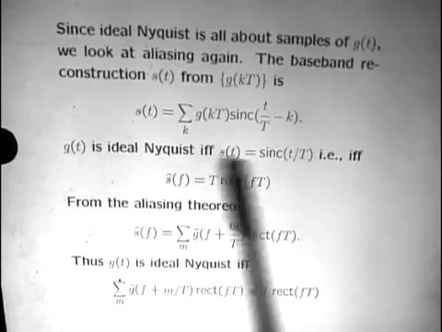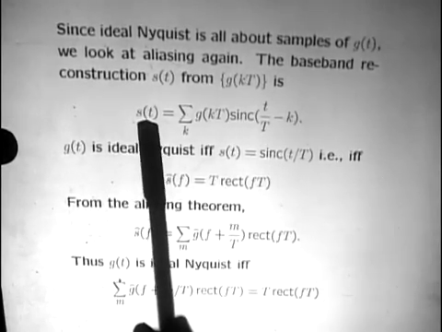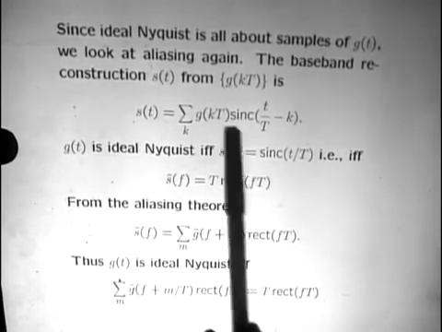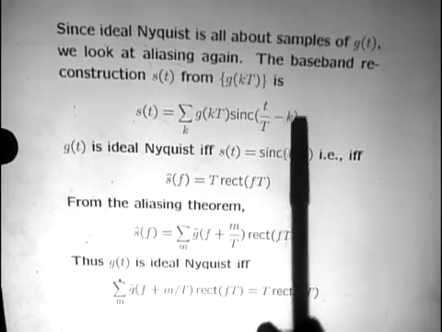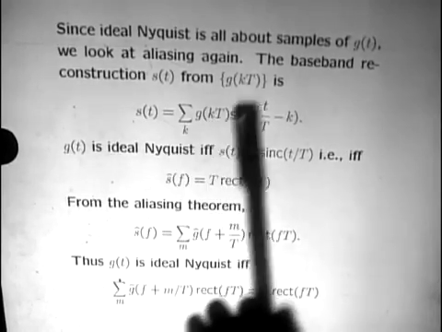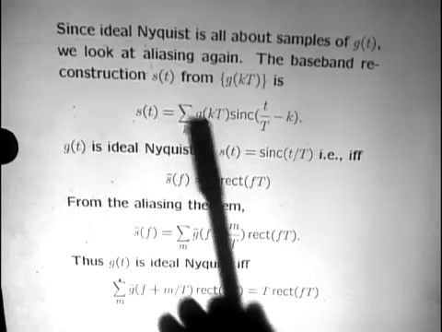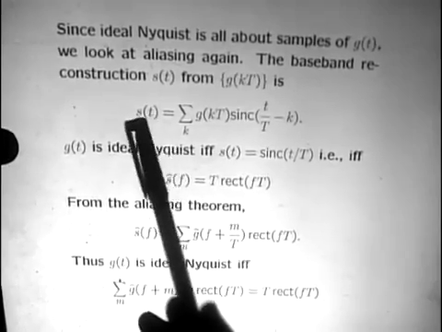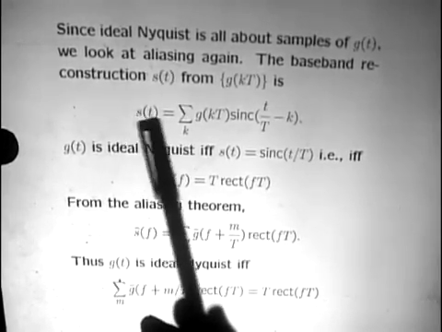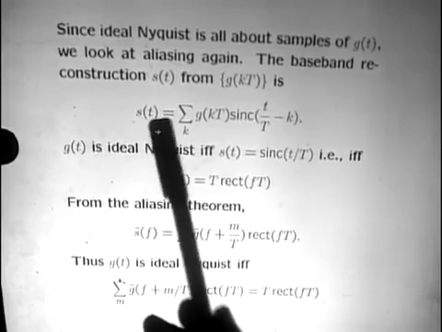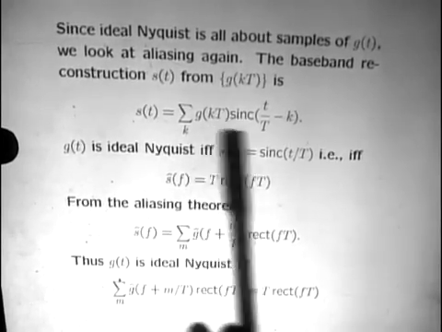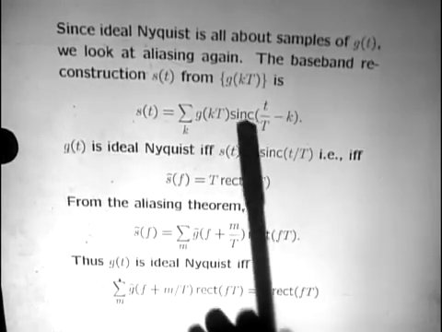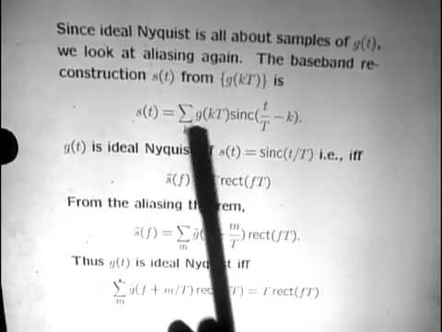Look at s(0): you get the sum of g(kT) times sinc(t/T - k). If we have an ideal Nyquist filter, then all of these terms are 0 except when k is equal to 0. So in general, if you have an ideal Nyquist filter, you only have one term in here, so s(t) is just equal to sinc(t/T), because all those other terms go away.